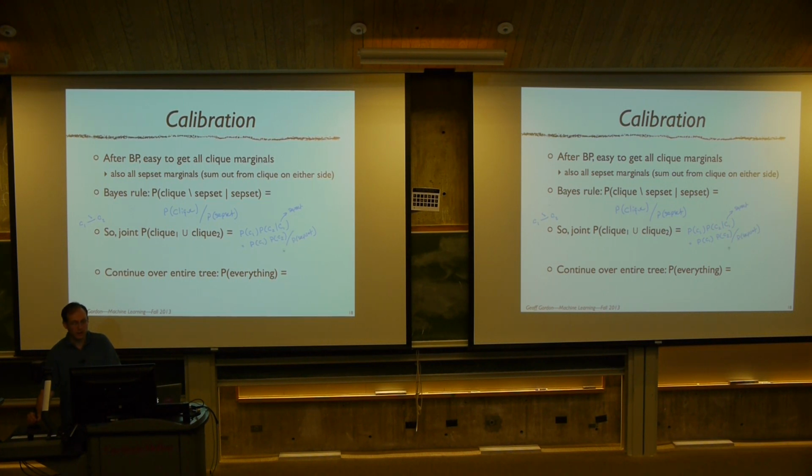And so we can continue the same process over the entire tree, and the probability of everything is going to be the product over clique i of P of the union, the joint probability of the two cliques.